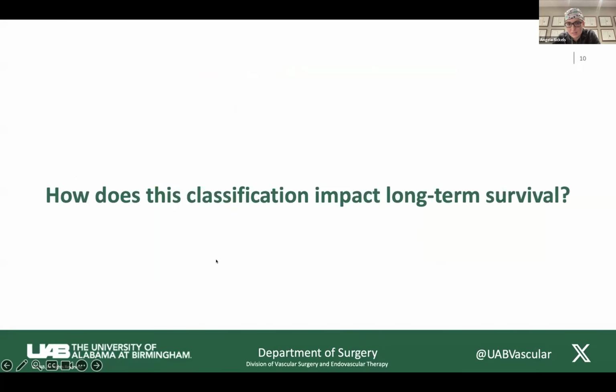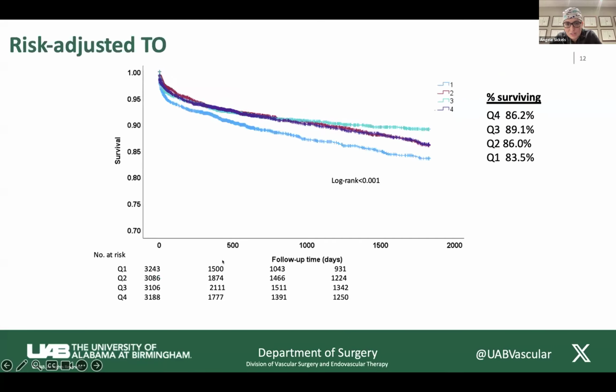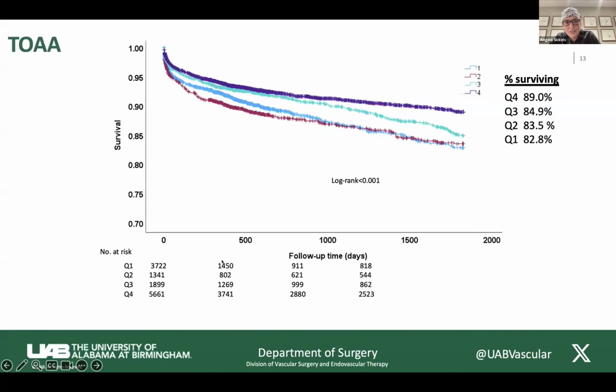And then how does this impact long-term survival? If we just looked at textbook outcomes without adjusting anything, there's pretty good discrimination between the first quartile and the remaining. However, for quartiles 2, 3, and 4, long-term survival is essentially grouped; there's really not much difference. When we risk adjust it, you see a little more distinction between the first and the fourth quartiles.